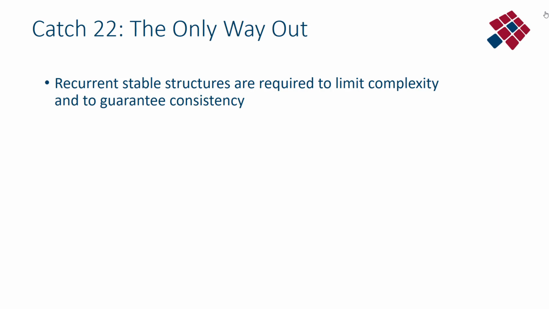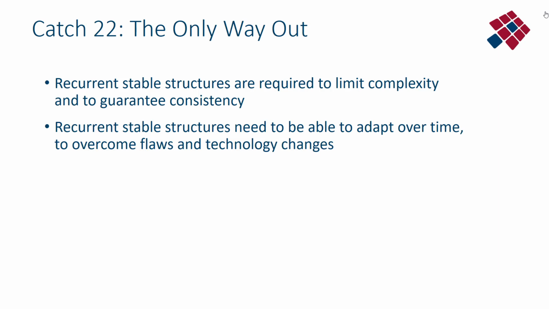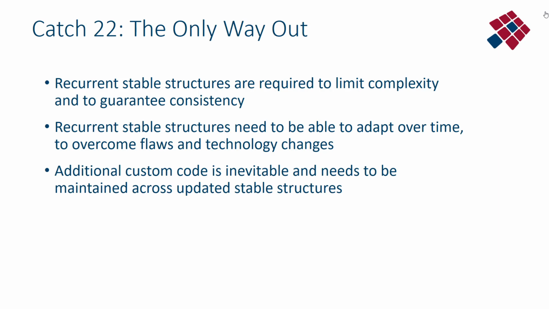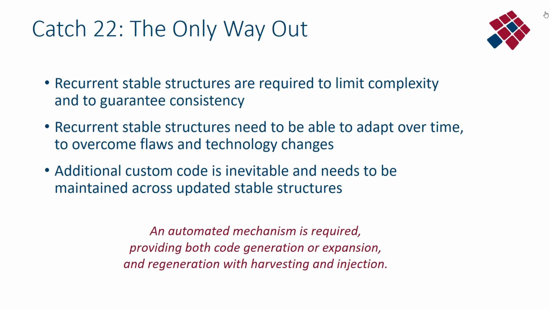So you need those recurrent stable structures to limit complexity, to guarantee consistency. You need to be able to adapt these recurrent structures of your elements to overcome flaws and technology changes. And you also need in every software system additional custom code, because you cannot 100% generate a software application. The code generators would become far too complex if you were forced to generate every possible kind of software system people would want.